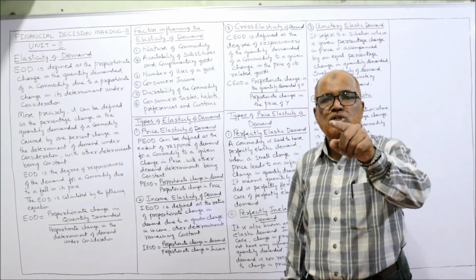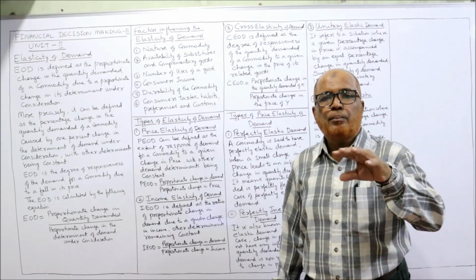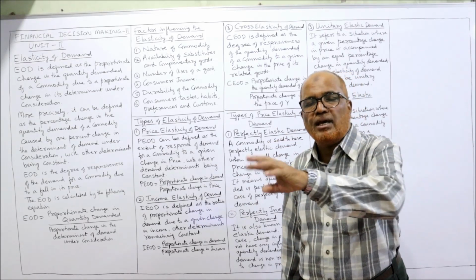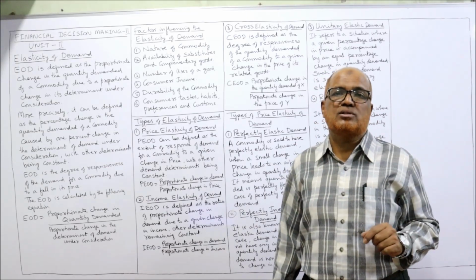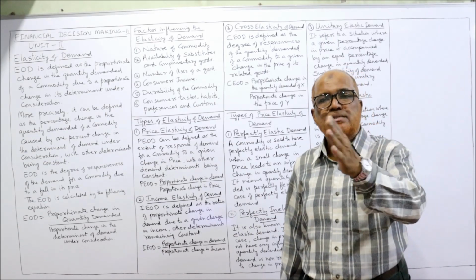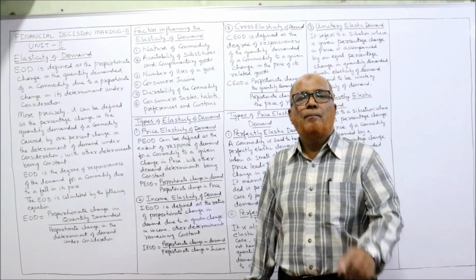What is the relationship between demand and price? Suppose the price changed by 5%. What is the change in demand? How much percentage has demand changed? So we are showing the relationship between only two, price and demand. That is called price elasticity of demand.